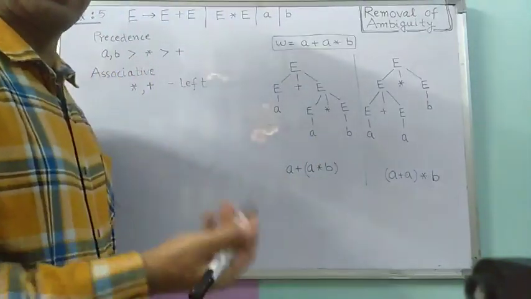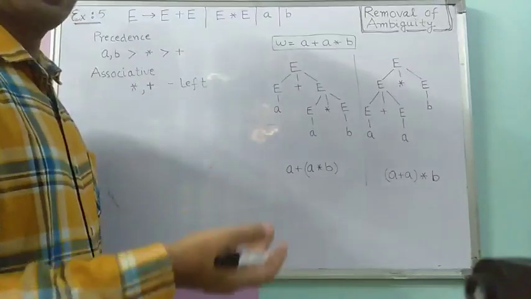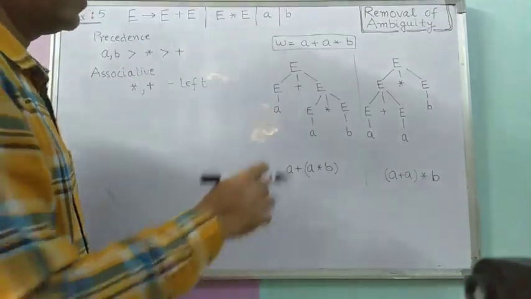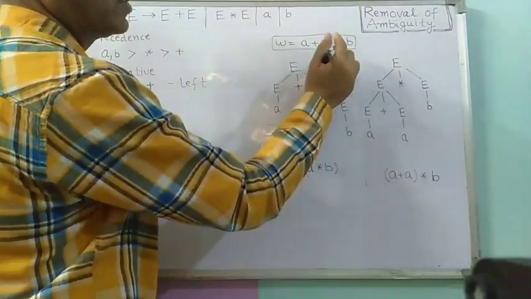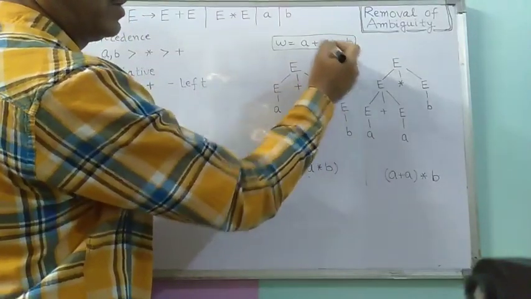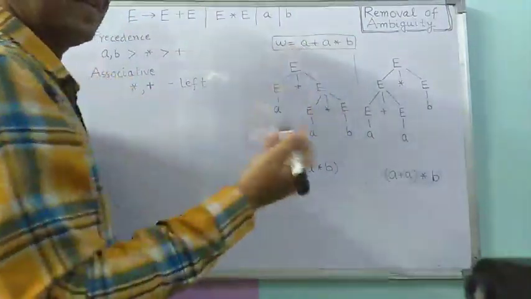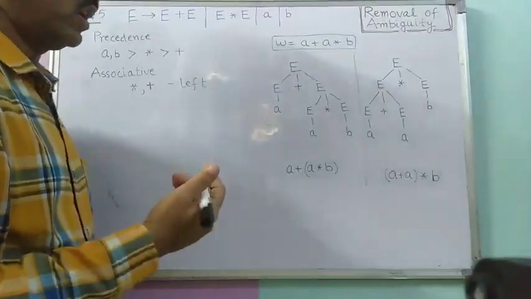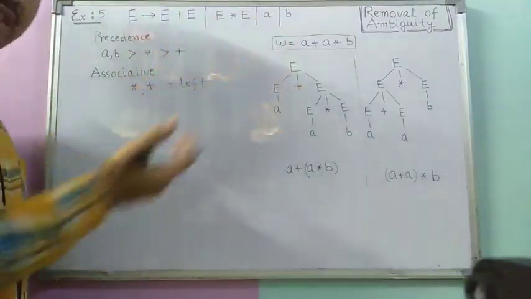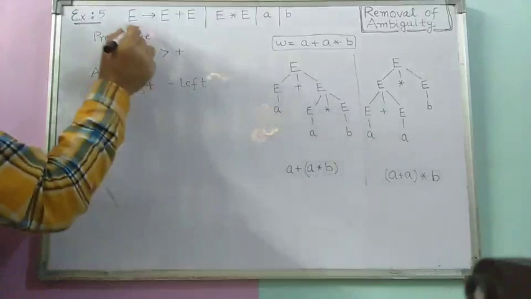Now which expression do we want? As per the rules of arithmetic expressions, we want to give higher precedence to the multiplication operator over plus. Plus has the lower priority. So this is a precedence problem which we have to solve.